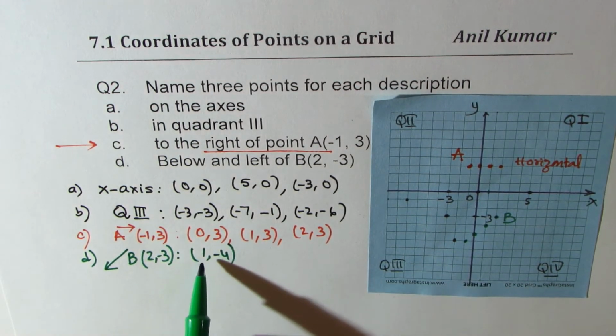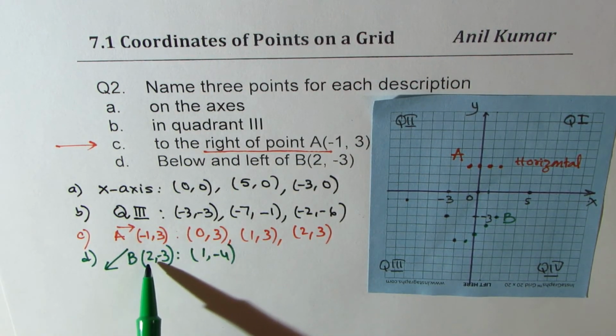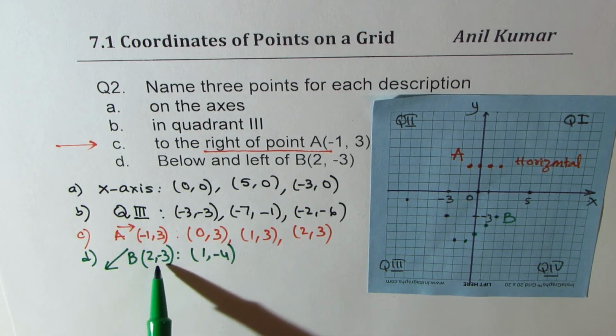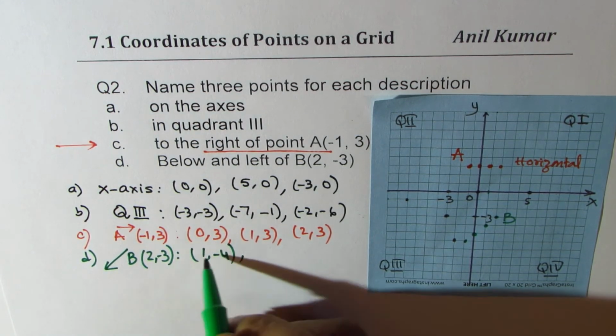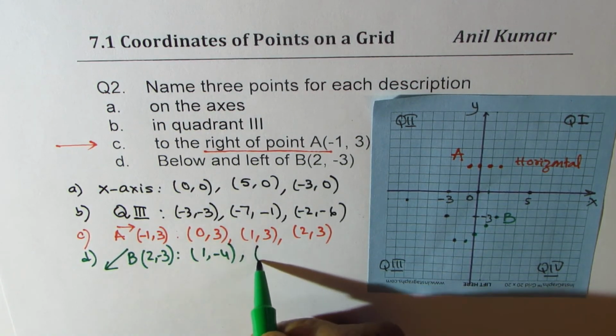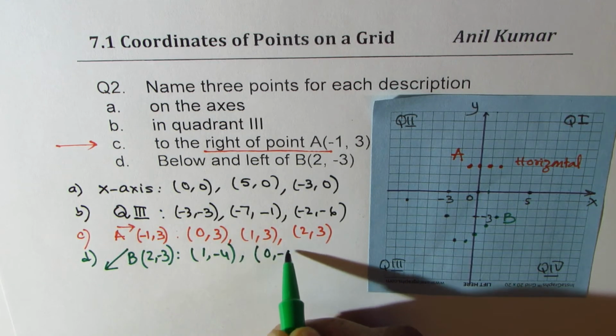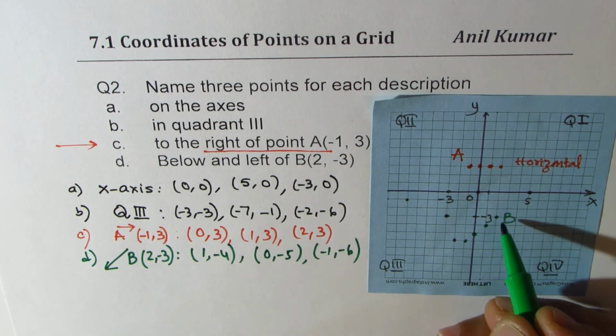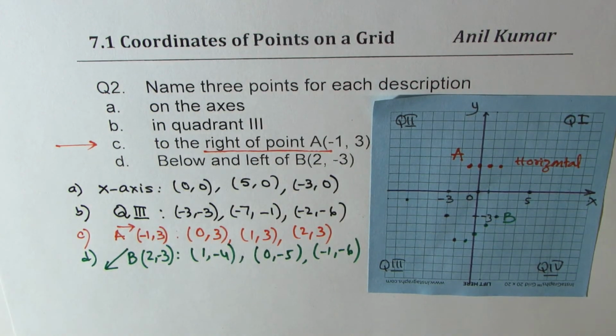So when I say left, then the x value is lesser than the x value of B, and to the left and down means y is also less, right? So you could just decrease both by 1 each. So you get 0, minus 5, and you also get minus 1, minus 6.